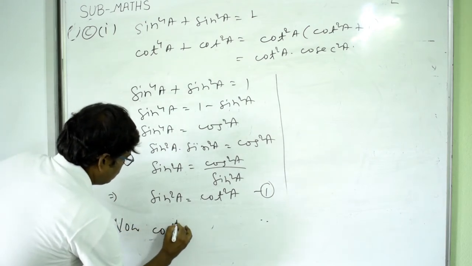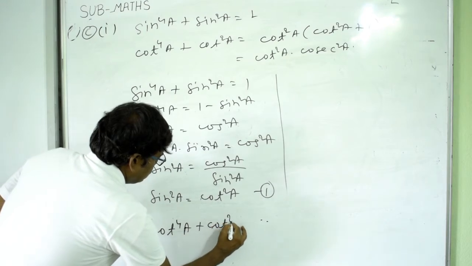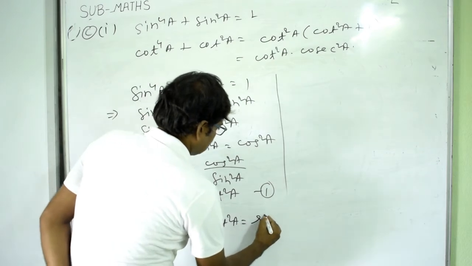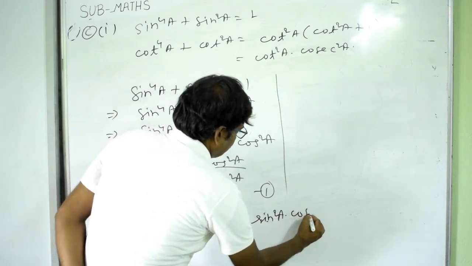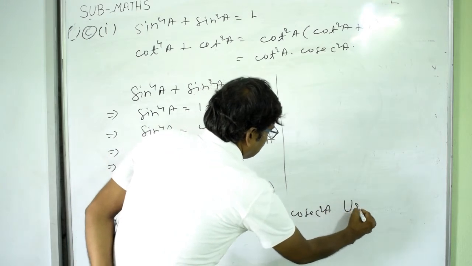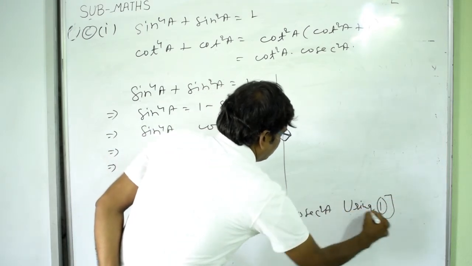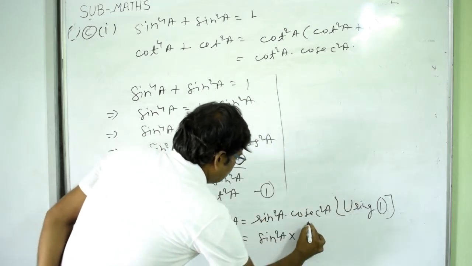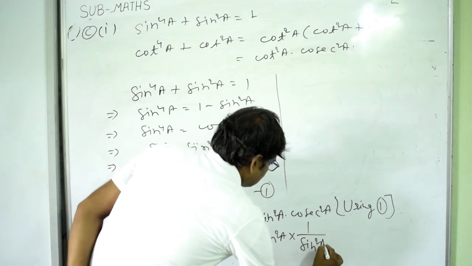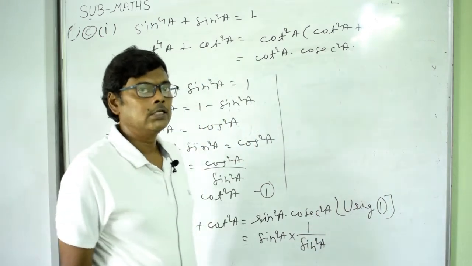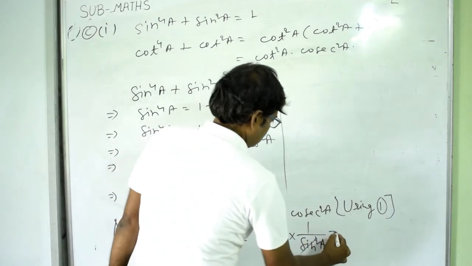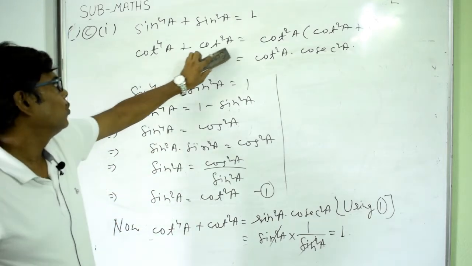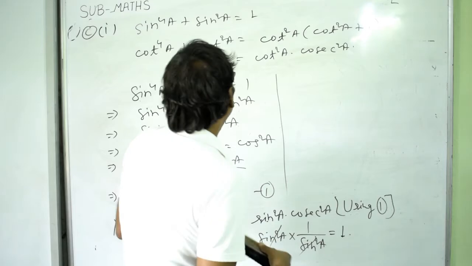Now cot 4A plus cot square A equal to, now cot square A is here, so write in that place sin square A into cosec square A, and then sin square A into 1 by sin square A, because cosec square A equal to 1 by sin square A, so these two will cancel out, then the answer is 1. So the value of this is equal to 1. Okay. So this is how you will solve this question.